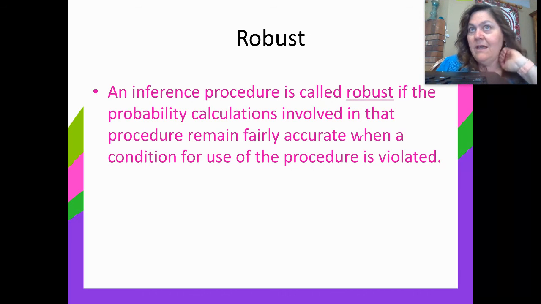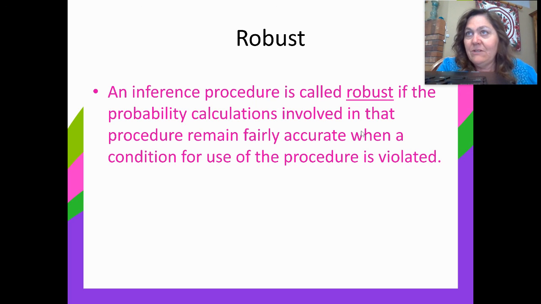There's a term called robust, and this does come up, and they ask you if something's robust or not. If we were in class, I'd ask you to turn to your partners and say, what does robust mean? If you have a robust laugh, it's a very hearty, firm laugh. A person who's robust in strength is seen as active and strong.